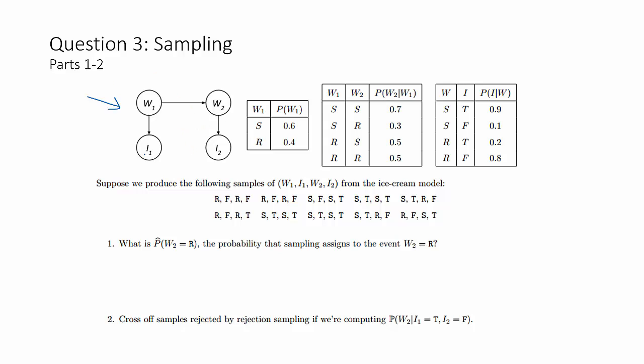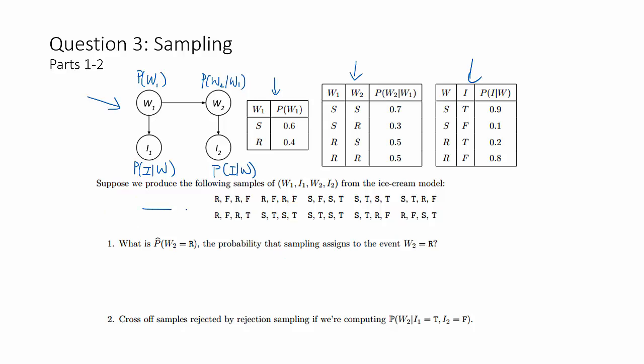So we modeled this kind of weather ice cream example with this Bayes net, and we have the following probability tables. We have P of W1 at this node here, that's this table here, P of W2 given W1 at this node, that's this table here, and for the ice cream nodes, we're assuming both of these nodes follow the distribution P of I given W. And the model for that is here.